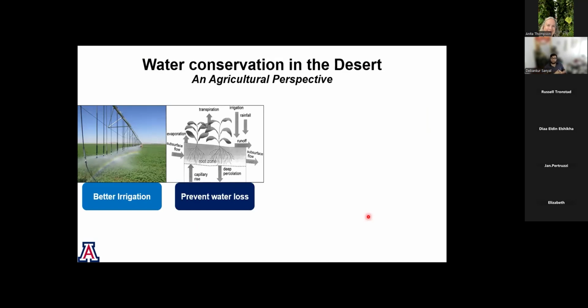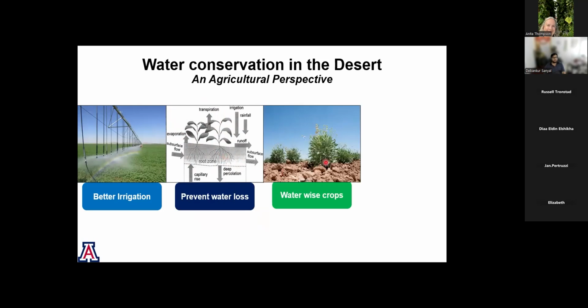Russ was showing that some people are using some kind of protective cover on top of their drip system to reduce transpiration and evaporation. Together it's called evapotranspiration, the loss of water from our soils. So we have to find ways to protect against this loss and conserve more moisture.